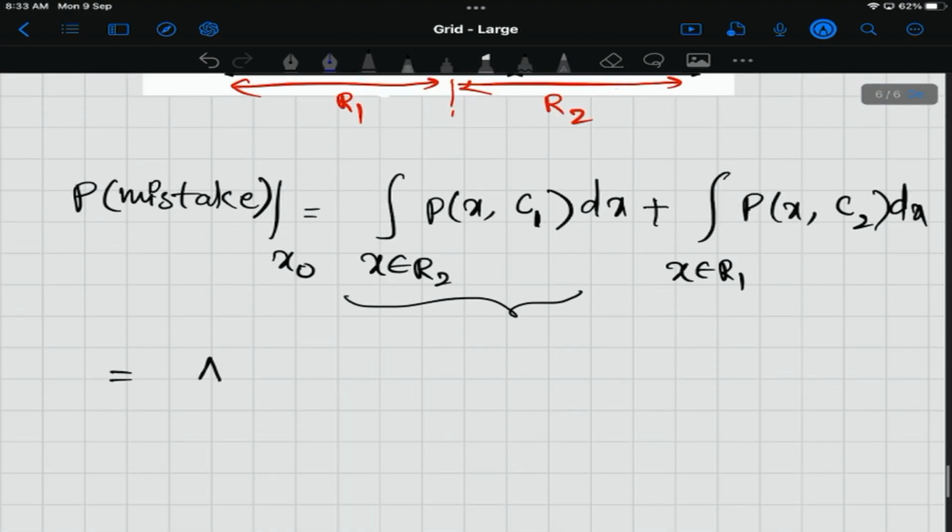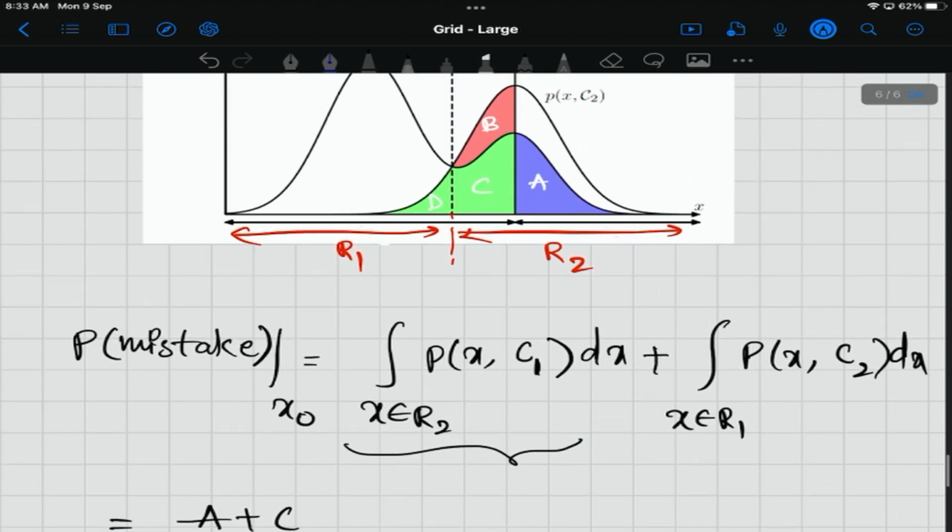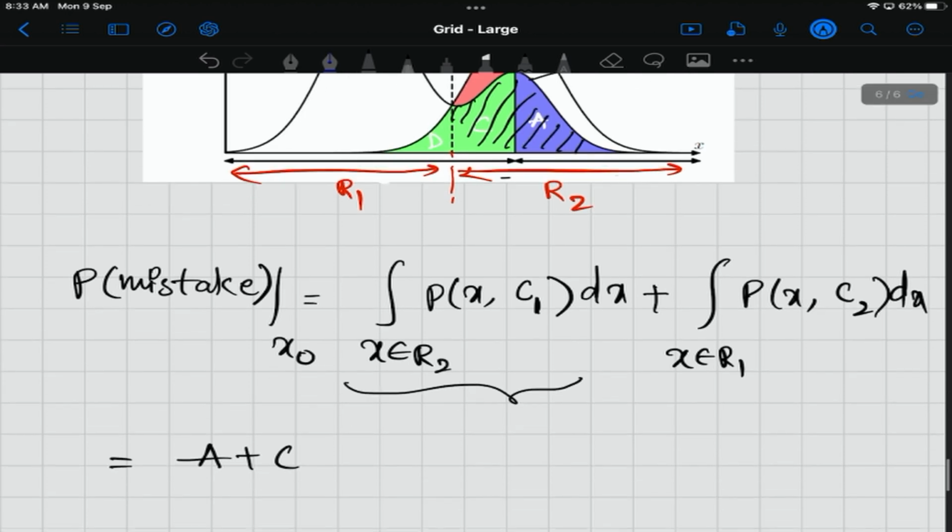A plus C. The first term is A plus C because my R2, this is my P of x comma C1 and this is my R2. So this entire region will be the probability of mistake using this first term. Yes, A plus C, right?